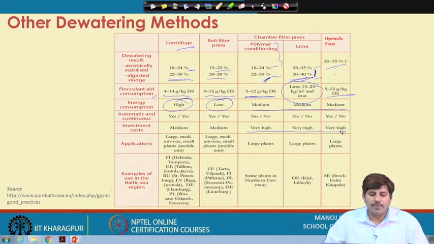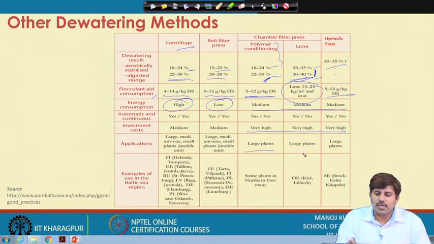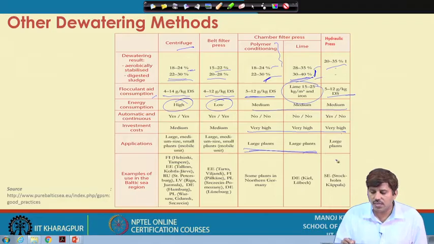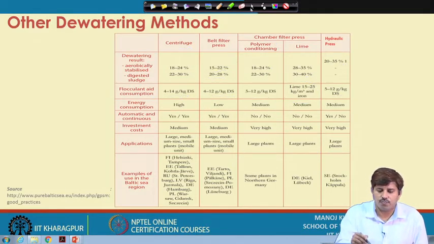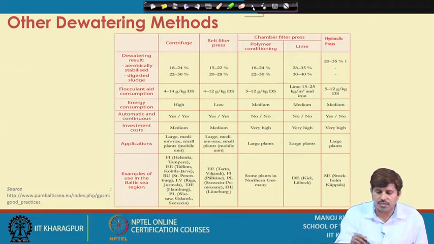Okay. Application wise, again we can see where they can be applied. The chamber filter presses are for large areas, okay. This is also for large plants. So, that way we can have a comparison of these things.